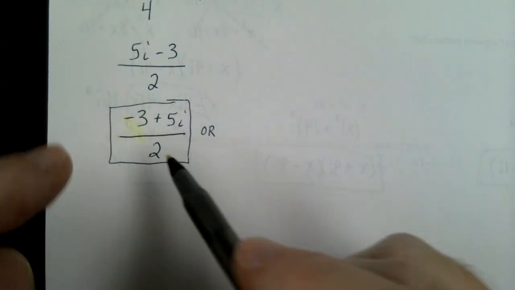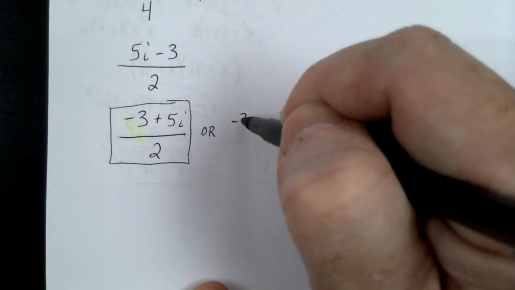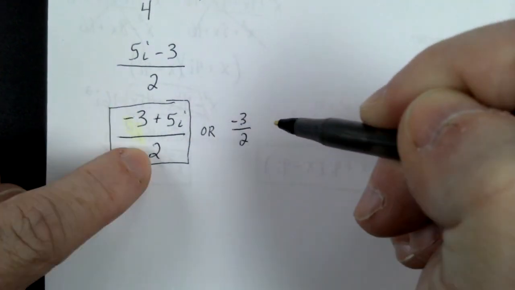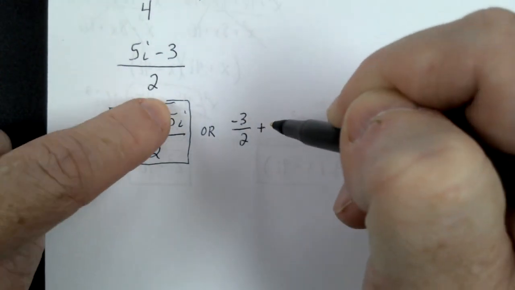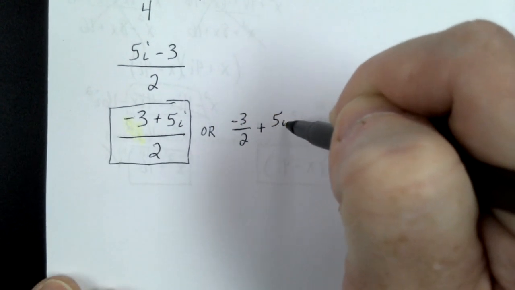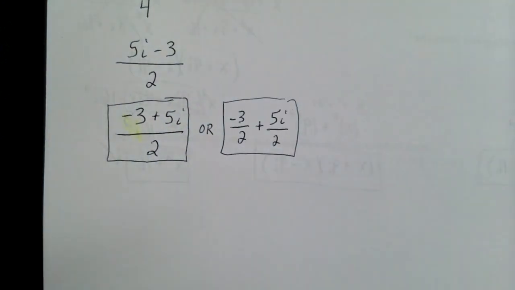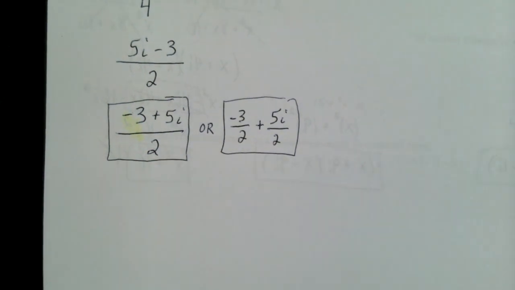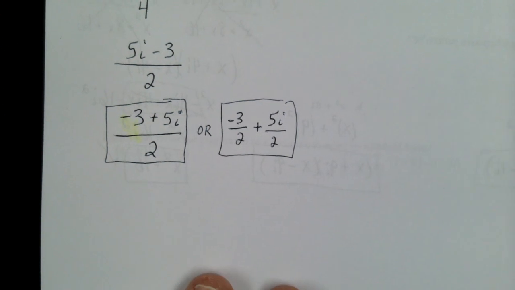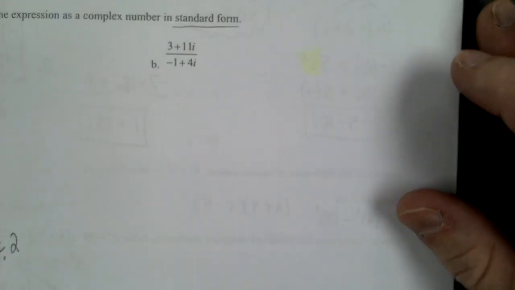So I'm splitting this fraction. It would look like negative 3 over 2 plus 5i over 2. So both of those are acceptable. On the test, it would not matter to me which look you prefer.